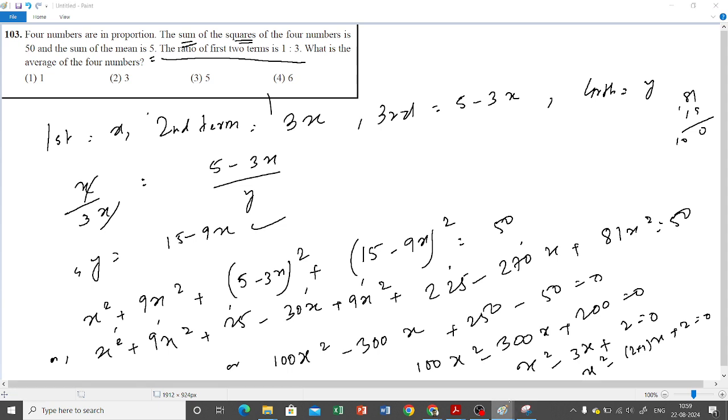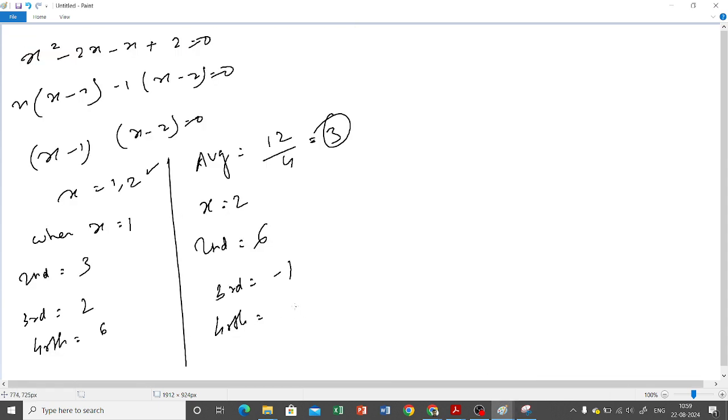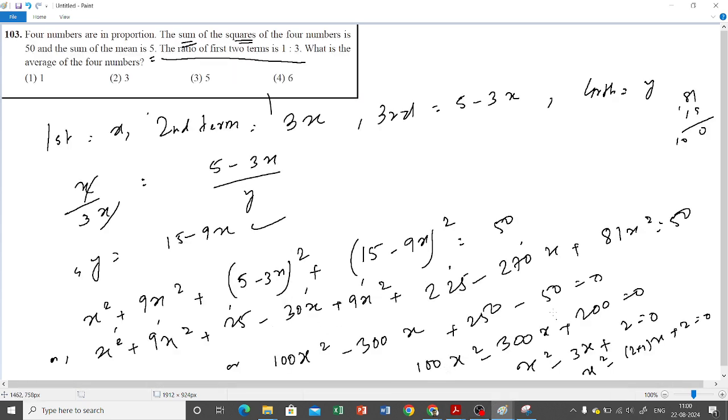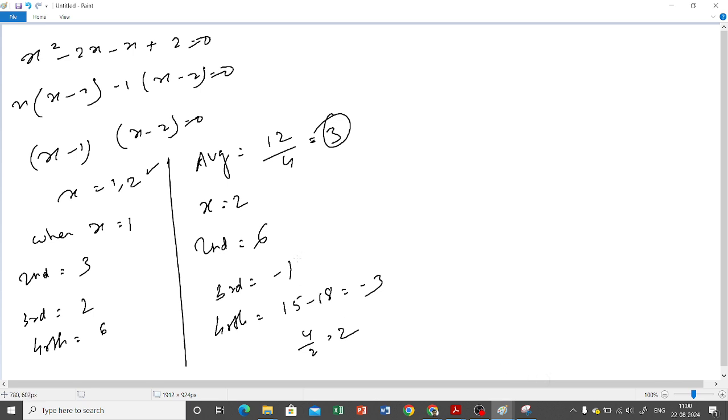The fourth term is 15 minus 9x, so that is 15 minus 18, which becomes minus 3. So what is the average? 2 plus 6 is 8, and then 8 by 4, that is 2. We don't have any option 2, so that means 3 will be my answer.